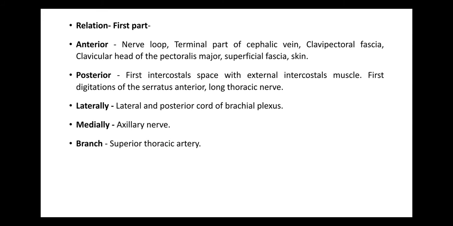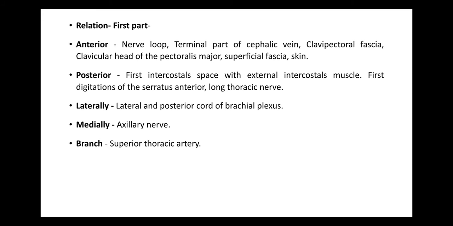Relation of first part. Anterior relation: nerve loop, terminal part of cephalic vein, clavipectoral fascia, clavicular head of the pectoralis major, superficial fascia, skin.